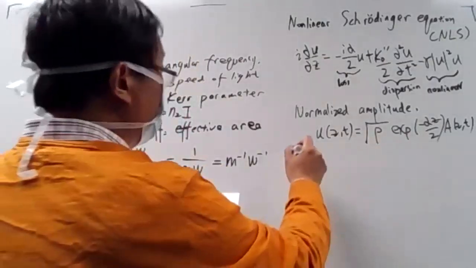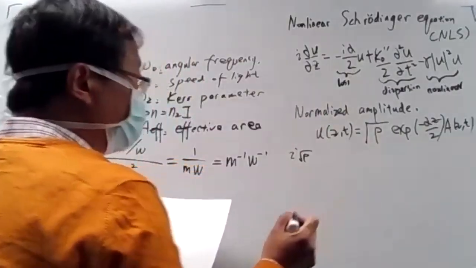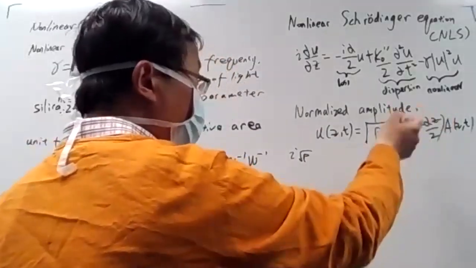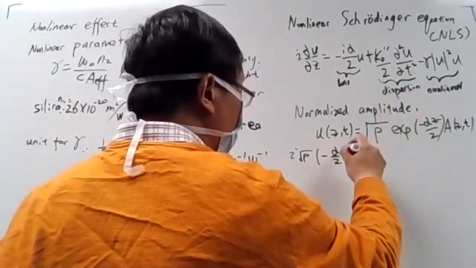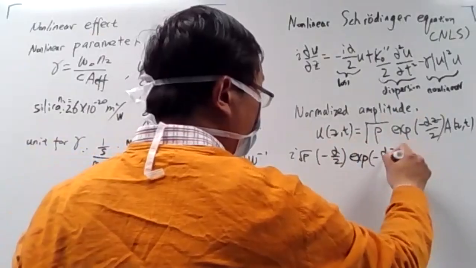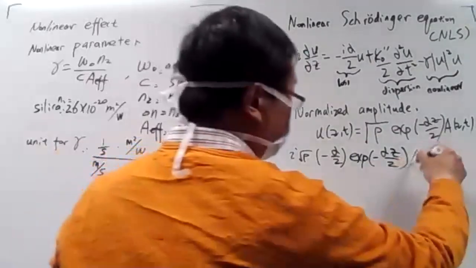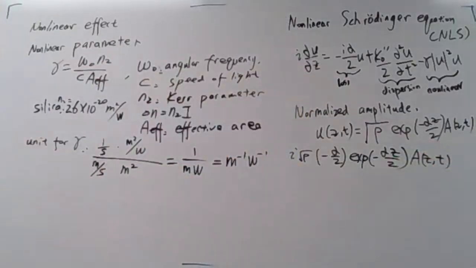So this is the I square root of P, right? Take a derivative on exponential negative alpha Z. So it's negative alpha over 2, and then exponential negative alpha Z over 2, AZT.